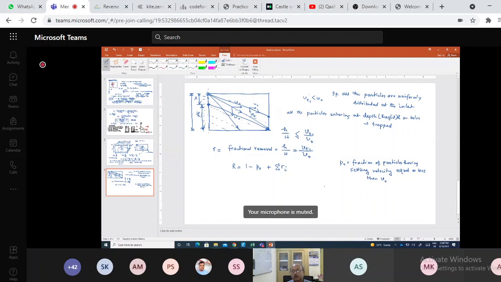So this fraction is not totally removed. It has a velocity less than V0. Sorry about this. So these particles don't get totally removed, but what is 1 minus P0? 1 minus P0 is the fraction of particles having settling velocity greater than or equal to V0.